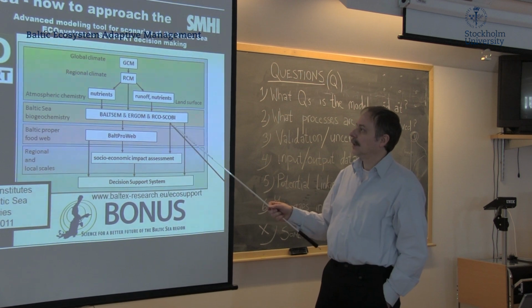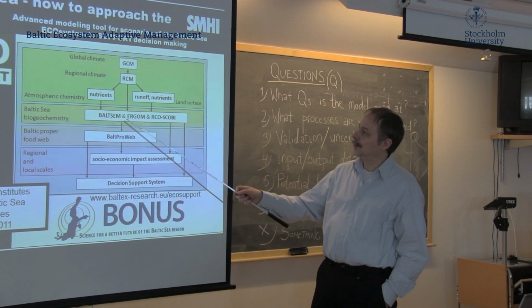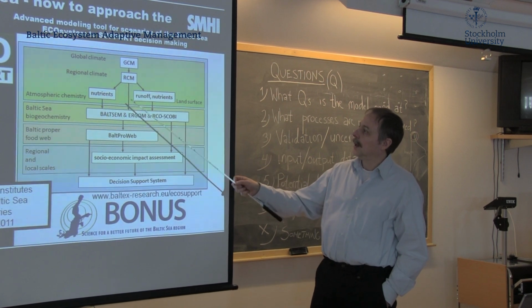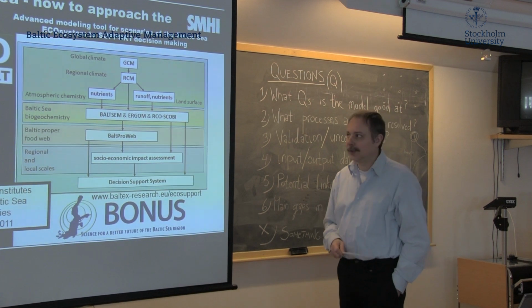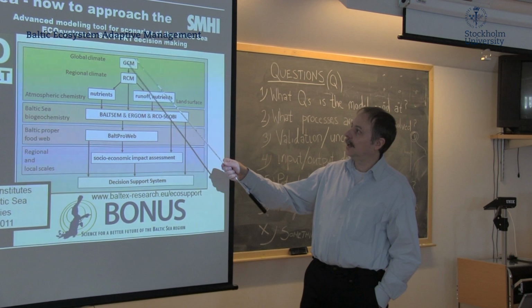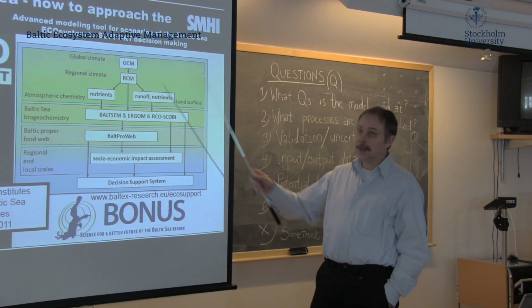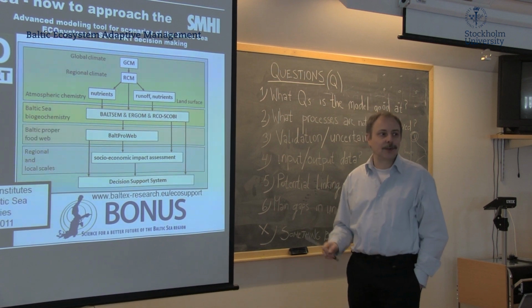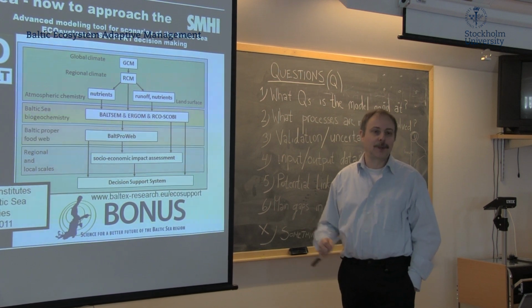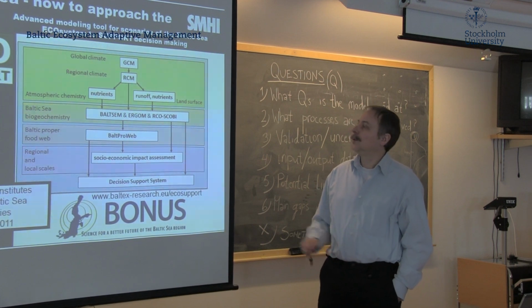So these three models have been compared. And then you need, of course, the forcing. What is it? Well, the atmospheric forcing and the hydrological forcing. And if you want to address climate change, the only information for changing climate is coming from global climate models. But these models are so coarse that they have maybe not included the Baltic Sea at all. So they are not useful.